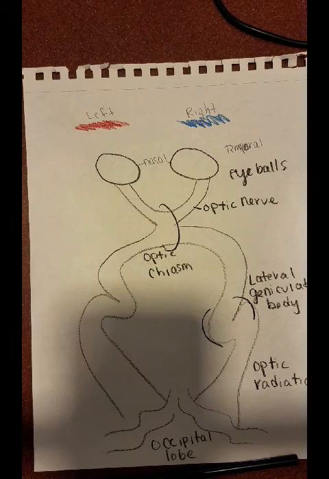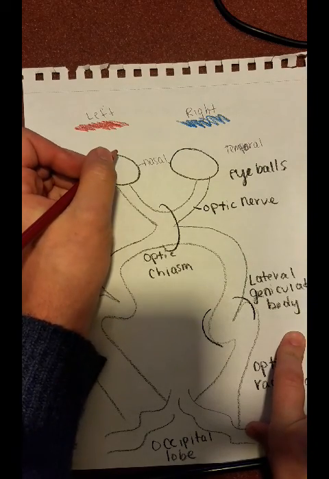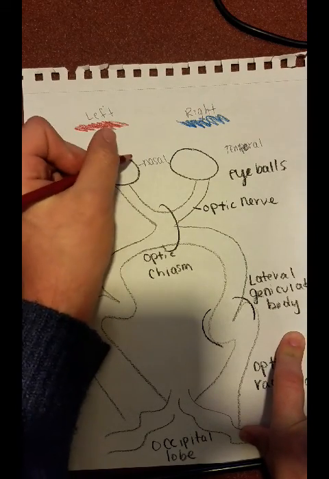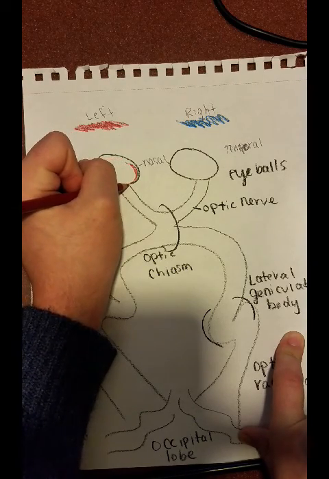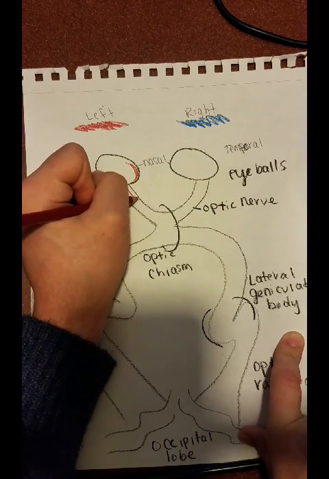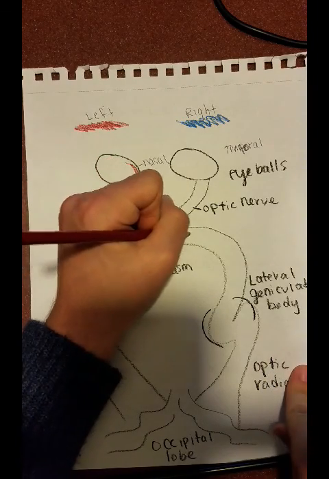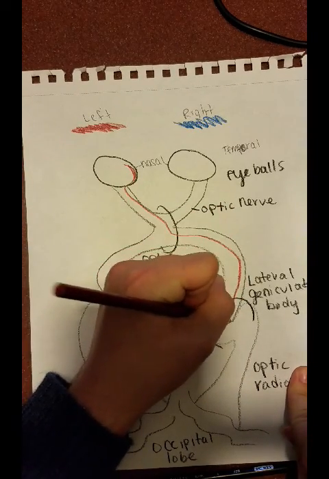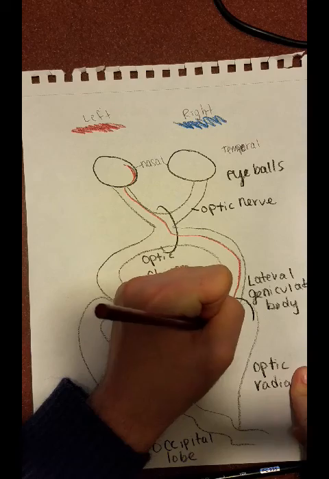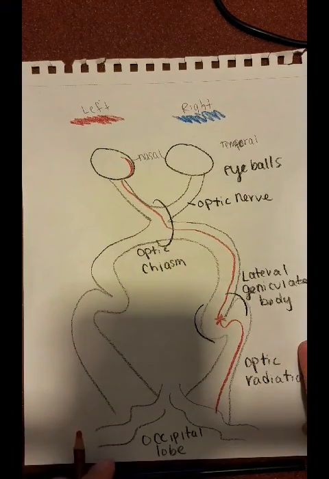And then so the way that information comes in from the left field of vision for the left eyeball, it's going to come in through the nasal side, where it is then going to come down the optic nerve, cross over through the optic chiasm, and come down to the lateral geniculate body, where it's then going to synapse with different nerves and continue traveling down to the occipital lobe.